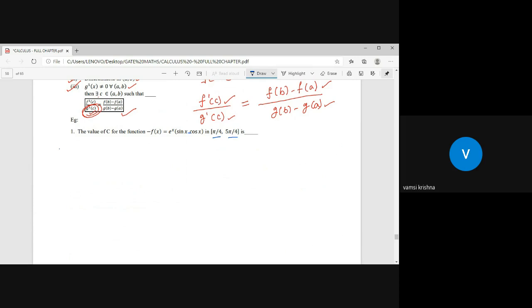The given interval is the open interval of pi by 4 and 5 pi by 4. This is the given interval. There is no minus in f of x here. And here we have the given function f of x. f of x is equal to e power x into, let me write clearly, sin x minus cos x.